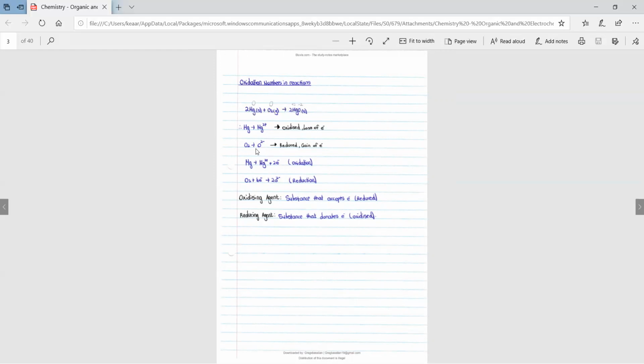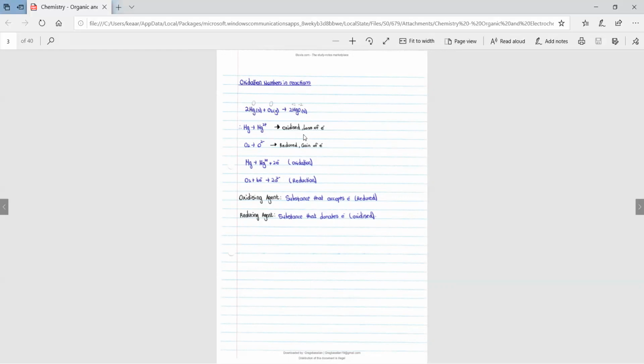Now we're going to look at each element. Mg on this side changed to become Mg2+, which we worked out was the oxidation number here. The oxidation number changed from 0 to 2+. That means that it became more positive. It became more positive by losing electrons.